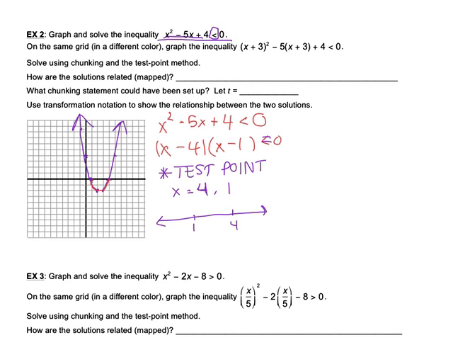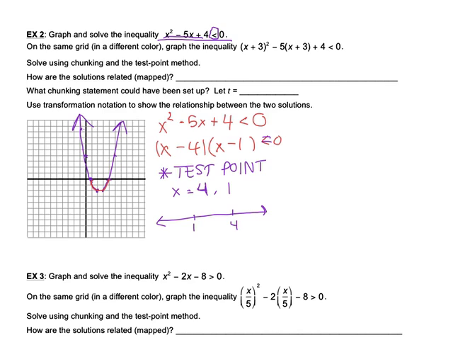Now it's called test point because we are going to be testing points in each of the 3 intervals that we just formed. Everything less than 1, between 1 and 4, and greater than 4. And we're going to see, are the products of these two things positive or negative in each of those intervals. We want them to be negative because that's what our original problem said.